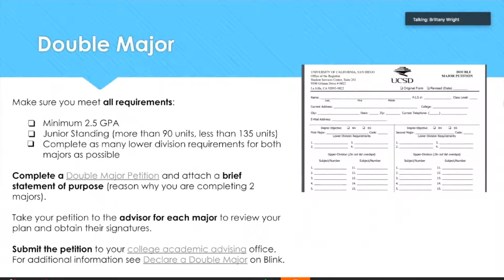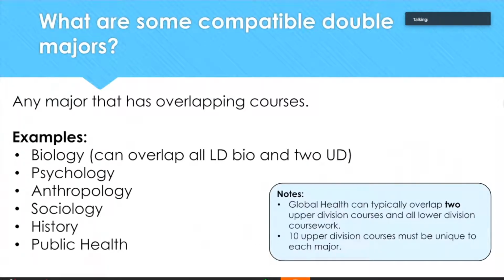You want to complete as many lower division requirements for both majors as you can before submitting, for a better chance of getting approved. If you're interested in a double major, I would meet with both departments early on to start planning that out, and then as soon as you're eligible, you can submit that petition. Some compatible majors, if you're trying to be the most efficient with global health, are any major that has an overlapping course.